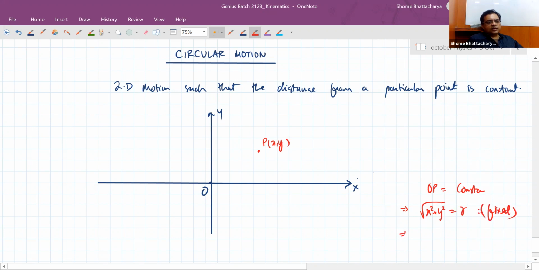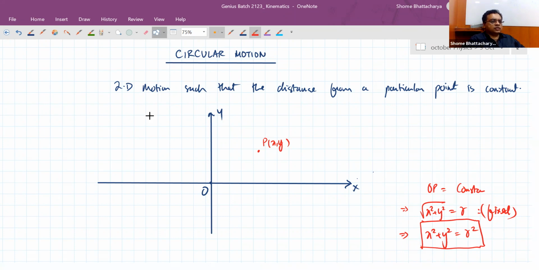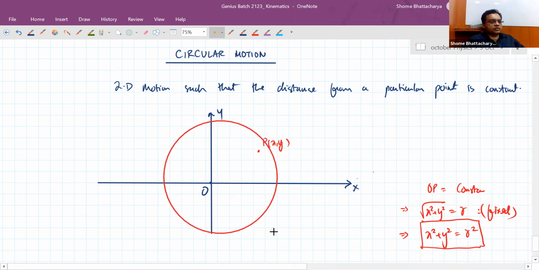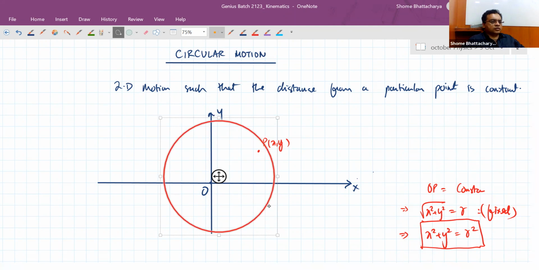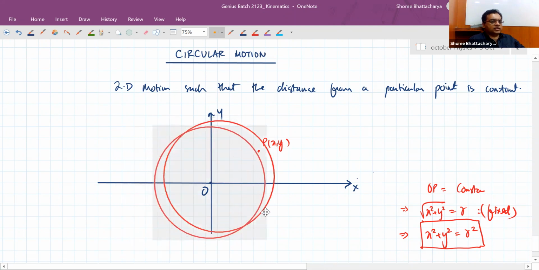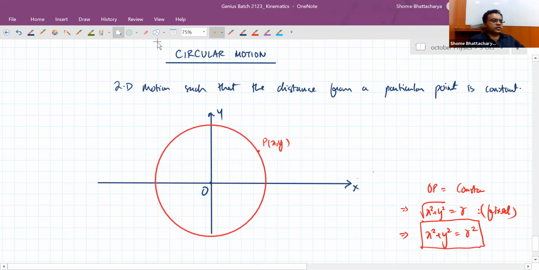That gives us the equation of a circle: x square plus y square is equal to a fixed quantity, which is the square of that fixed distance. This is the trajectory of such a particle. It describes a path represented by this equation, which you can call the equation of trajectory. Now we are more interested in the physics part rather than just the geometry part of such a trajectory.